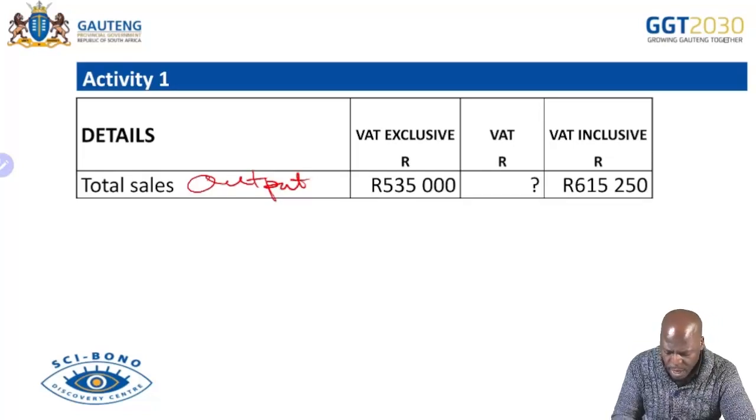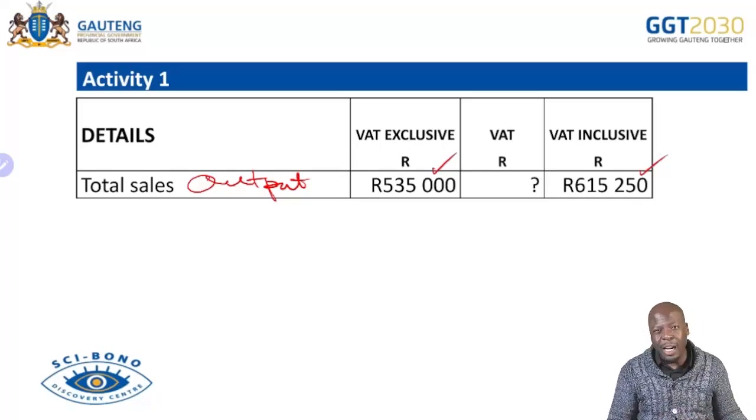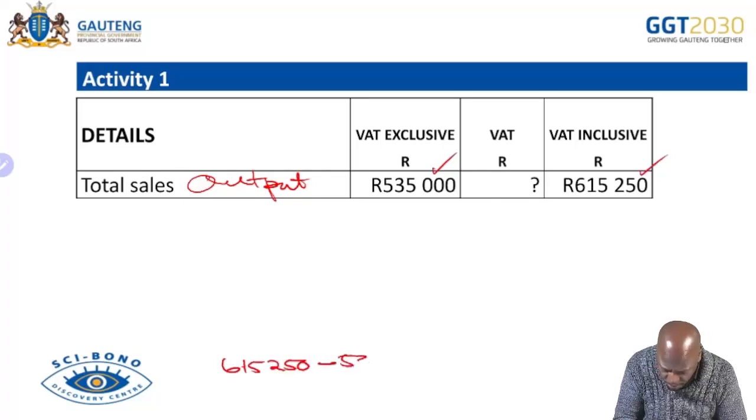Okay, output. But now I need to get my VAT. What am I given? I have the exclusive and the inclusive. And I showed you earlier on, there's a quicker way of doing this. Just get the difference. Okay, grab your calculator. We are now going to say 615,250, then I subtract 535,000.